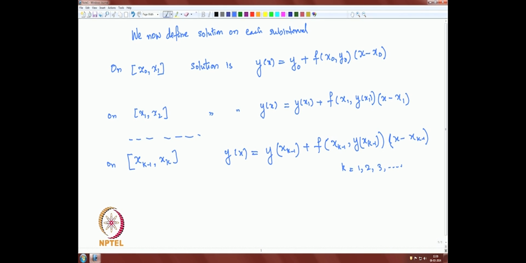If you join all these straight lines obtained on each interval, we get a function having a piecewise continuous derivative.